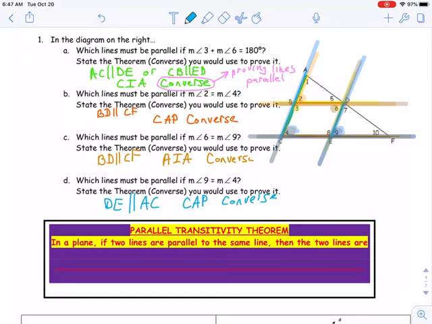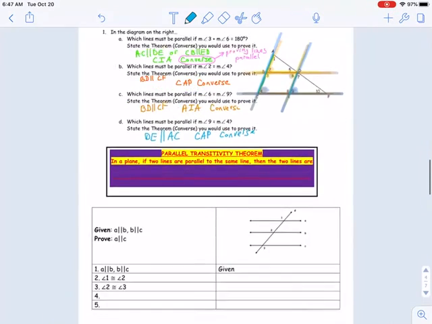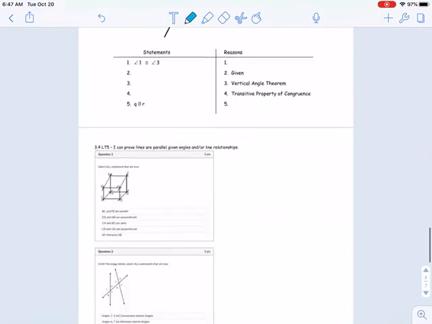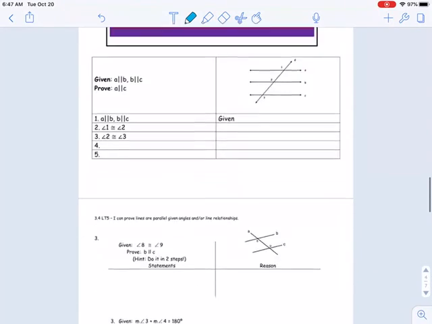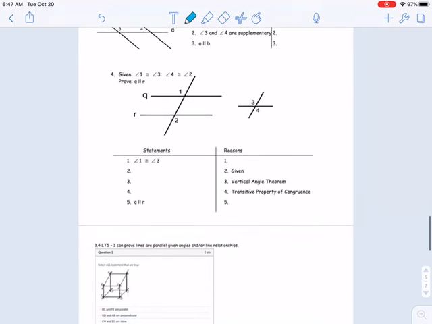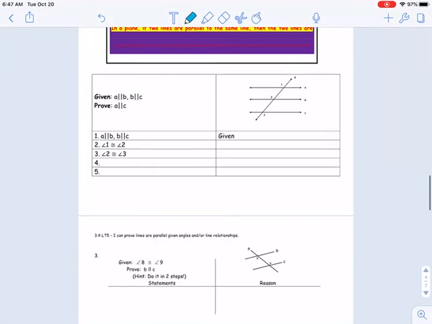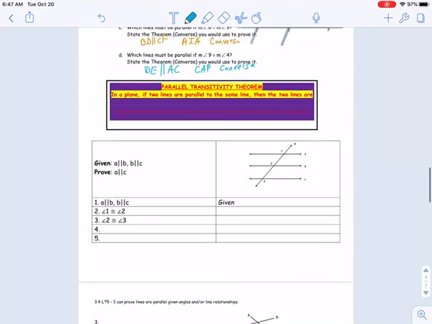Okay. And in this unit, we do got proofs still scattered throughout. A little bit of proofs. We'll knock out this proof and then we'll save the rest of the proofs for the next video. All right. So we got the parallel transitivity theorem in a plane.